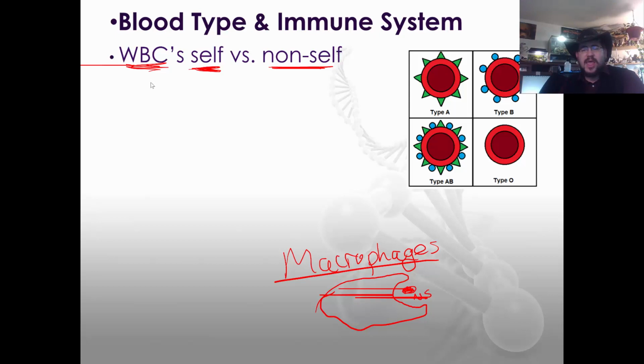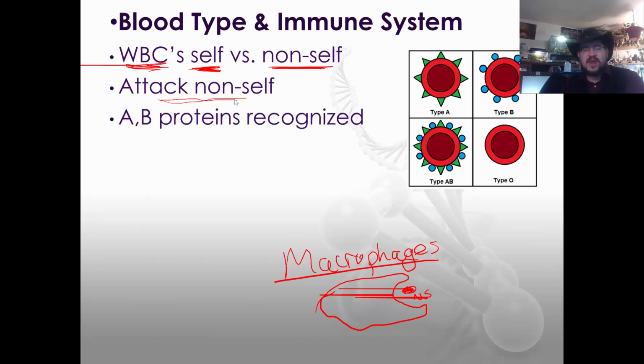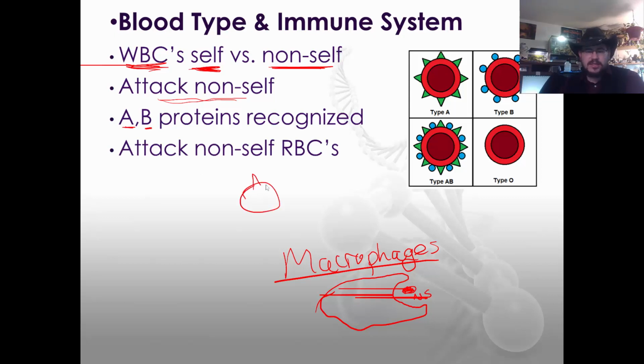And red blood cell A and B proteins are one of the things they use to determine self or non-self. So once they bind to a cell, they determine if it's self or non-self, and then they attack the non-self. A and B proteins are these sort of identify friend or foe things going on. So if you have type A blood, I guess here it's using the triangles, your macrophage is going to say, oh, type A, that's self, leave it alone.